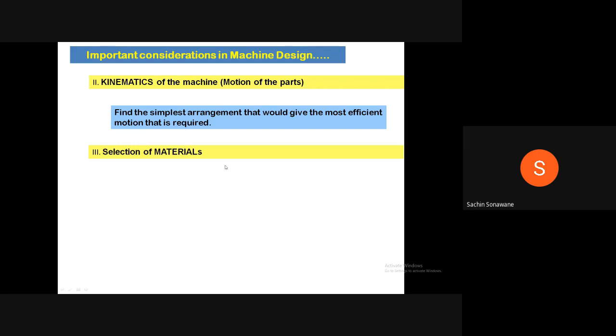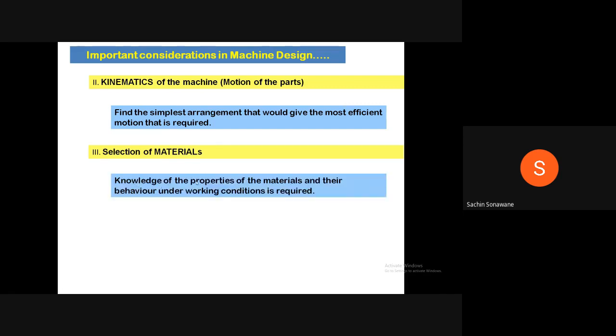Therefore, because of this increase in prices of steel material, cost of houses or homes is also increased. Therefore, you have to take into account material cost also while designing the product.